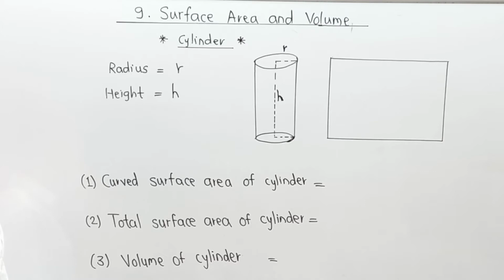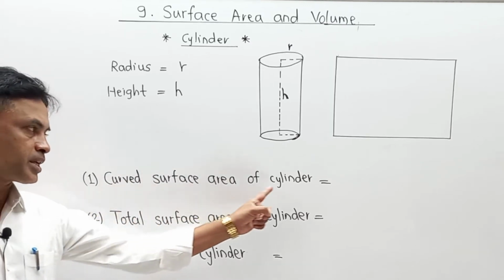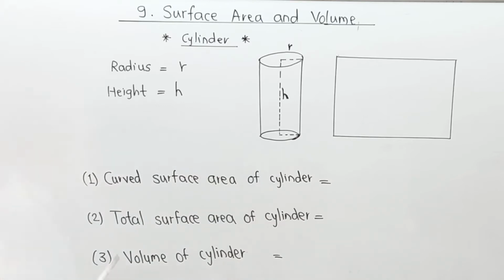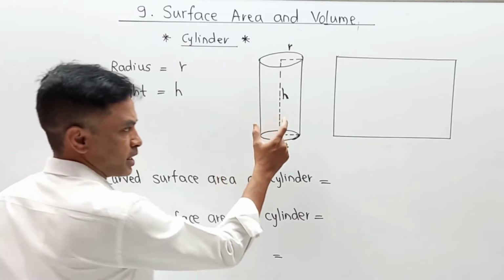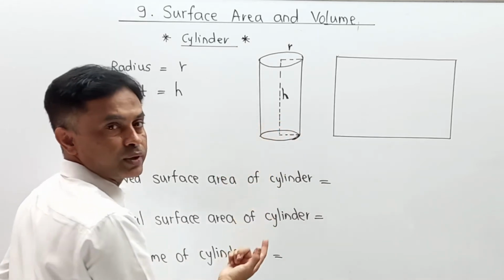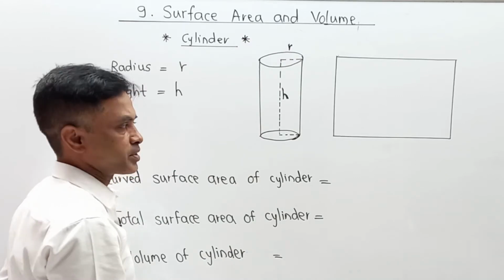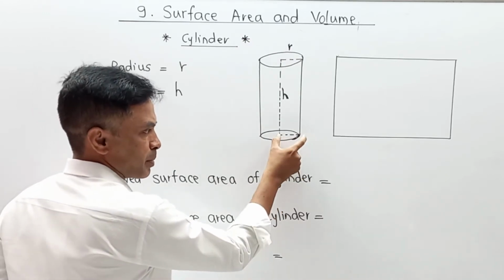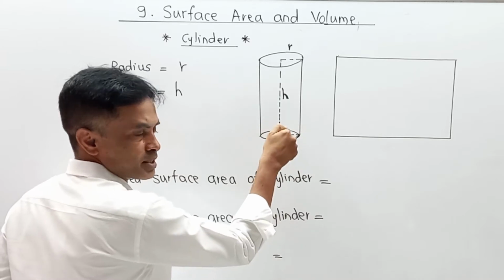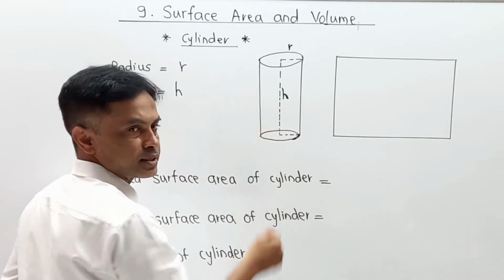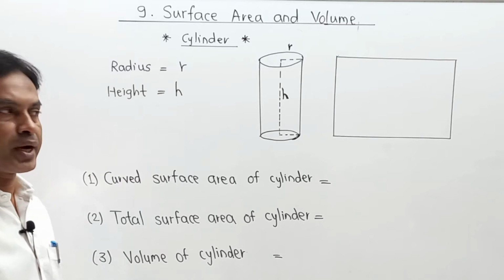Now try to understand one by one. We have to calculate 3 types of formulae. First, the curved surface area of a cylinder, or you can say the curved vertical surface area. If the base part has a radius r and the base is a circle, then its circumference is 2 pi r.